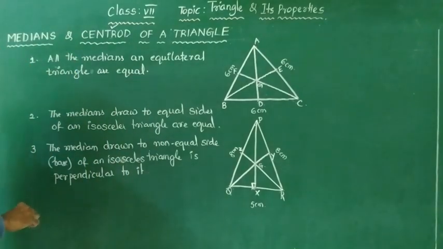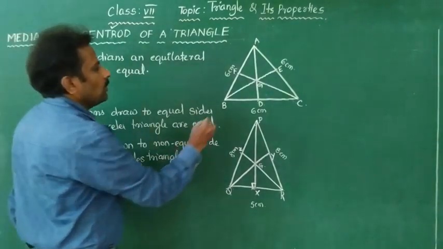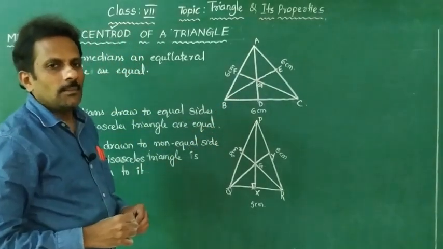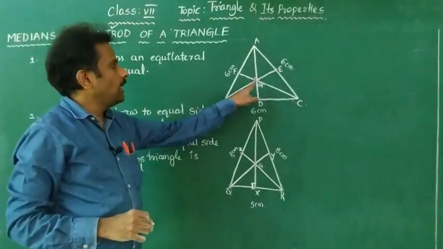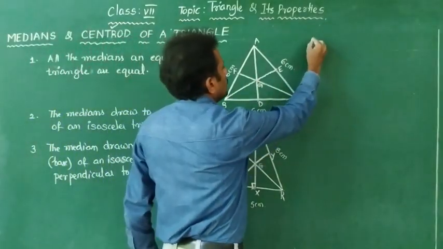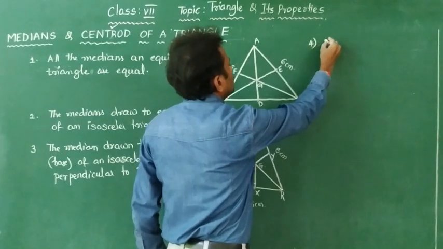And the fourth point is, if you observe any median of any side of any triangle, the centroid divides the median in 2:1 ratio. So let us write a fourth point.